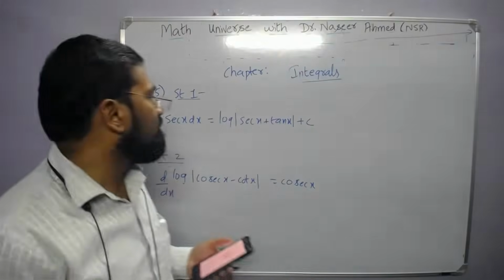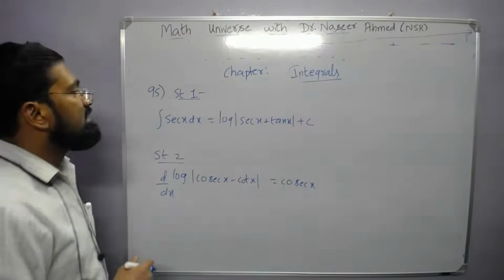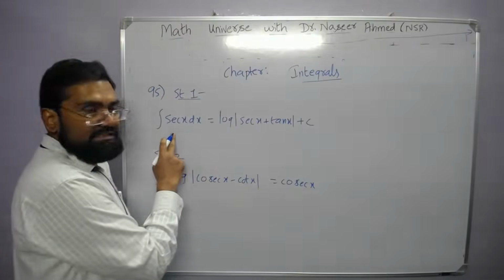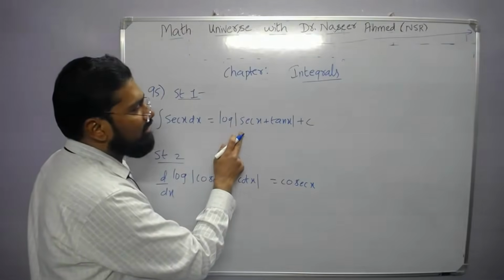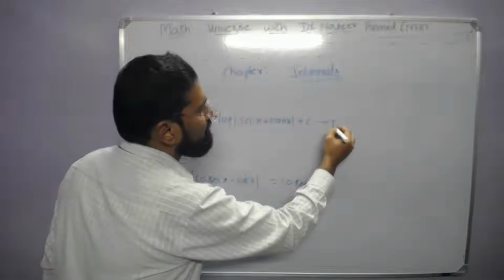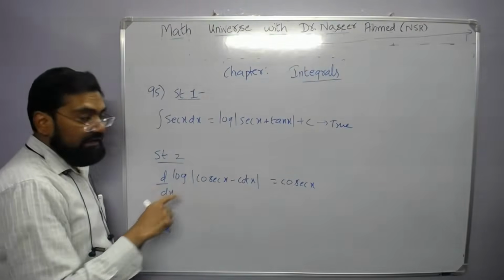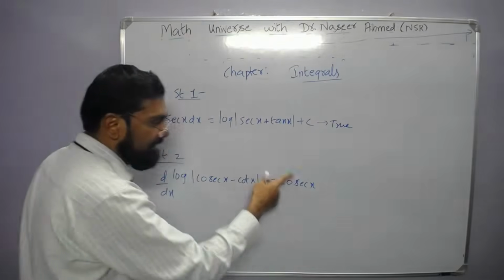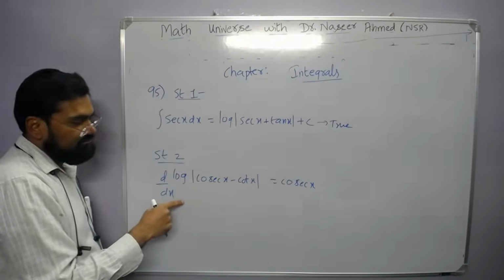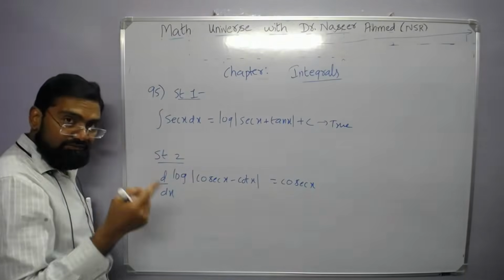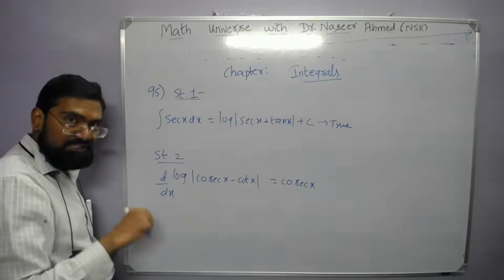Now, if you have knowledge of integration, integration of secant x is log of mod secant x plus tan x, which is true. And since integration of cosecant x is this, integration and differentiation are reverse processes of each other.